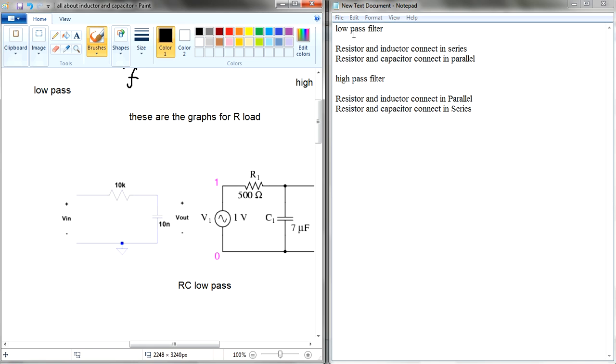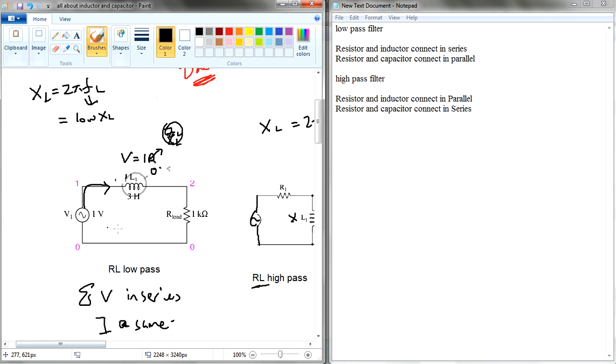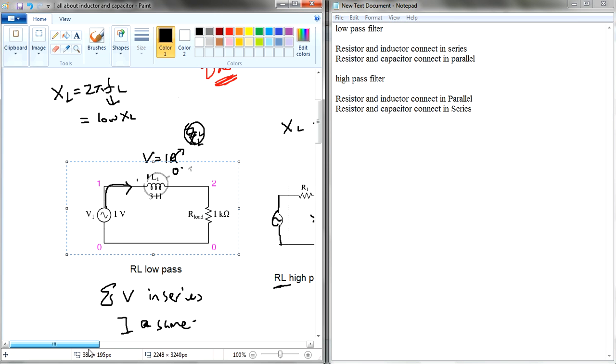Maybe I should write down. For the low pass filter, resistor and inductor are connected in series, which I showed you earlier over here. And for a low pass filter with capacitor and resistor, you connect them in parallel with the R load. Normally it's either series or parallel in terms of connecting with the R load.